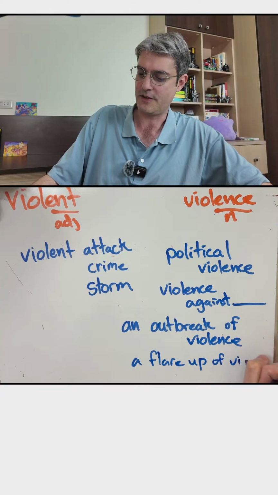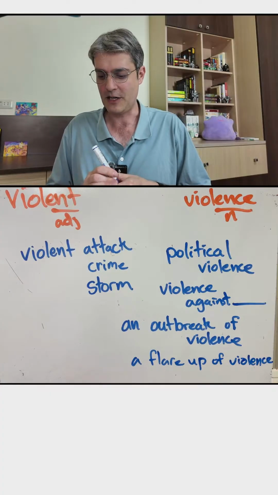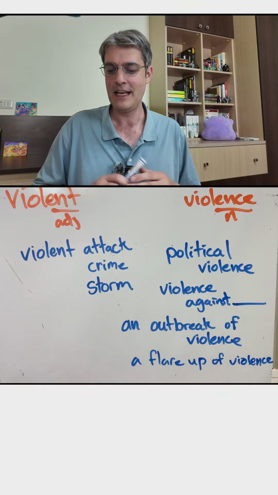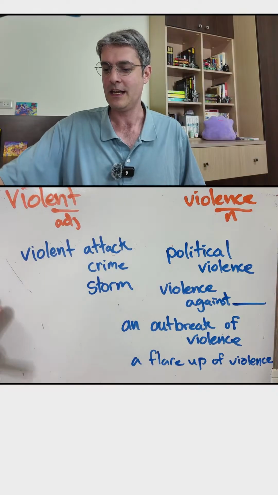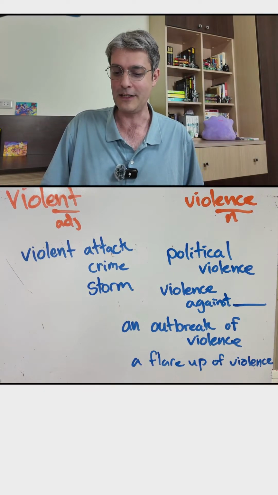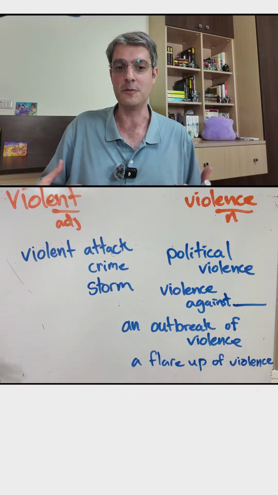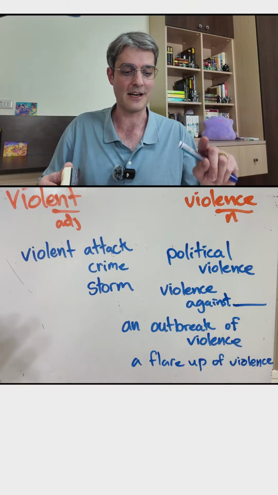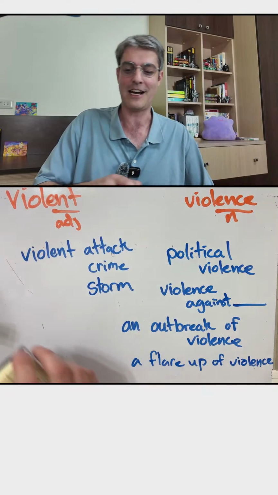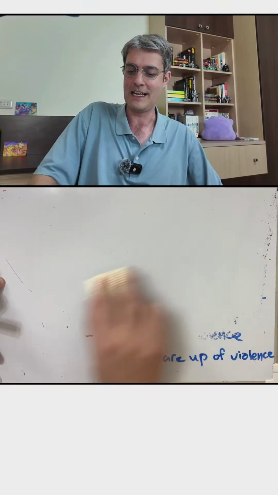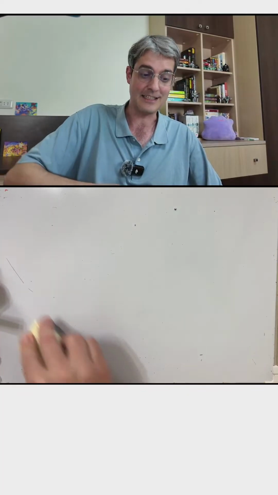If a country is unstable, there might be flare-ups or outbreaks of violence. And political violence would be, maybe, leaders getting assassinated or killed because different groups are fighting for who can control the country. So that is our adjective violent and our noun violence, our two word pairs ending in ENT and ENCE.